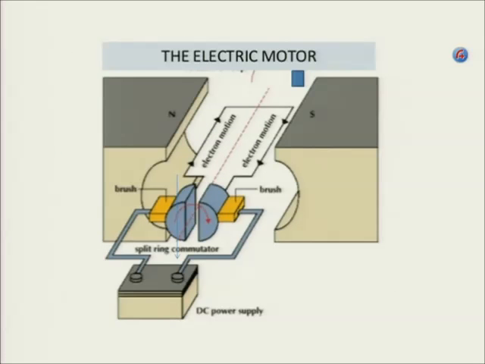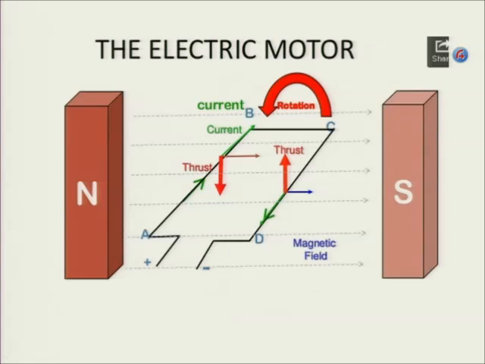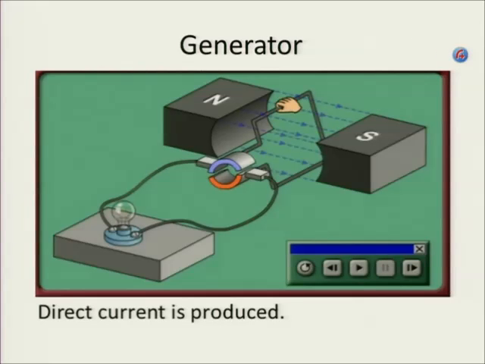All right. There I've shown you just a picture of the electric motor, which we've gone through. So clearly you can see there's my power supply. You can immediately see also the split ring commutator, which is a very important section, which we dealt with. There I've shown you an electrical motor, whereby I can just check in which direction it will experience a force, but I want to just go to the generator.